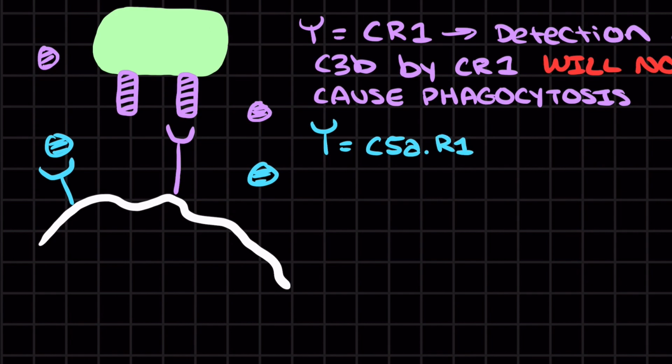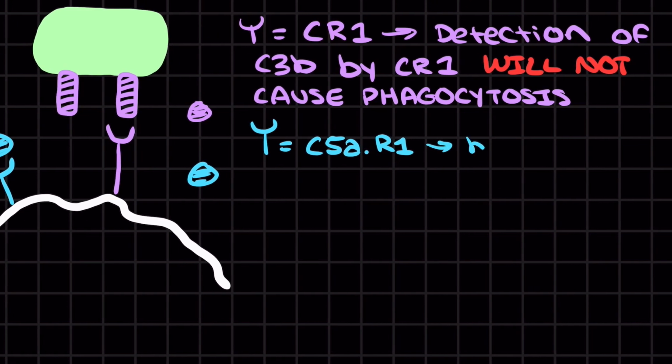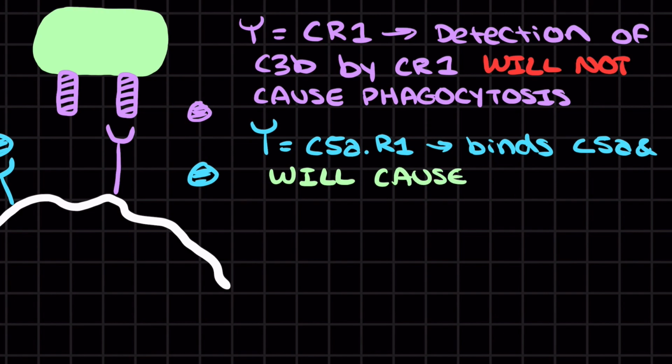And C5a R1 binds C5a, and it will cause phagocytosis when coupled with the CR1 C3b binding event.